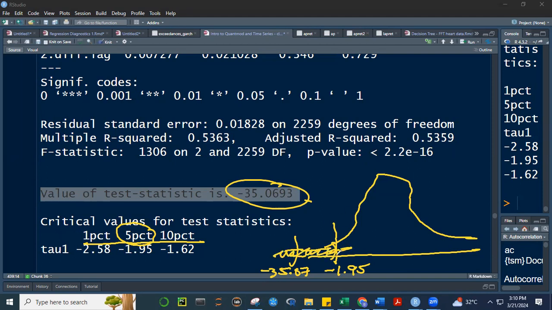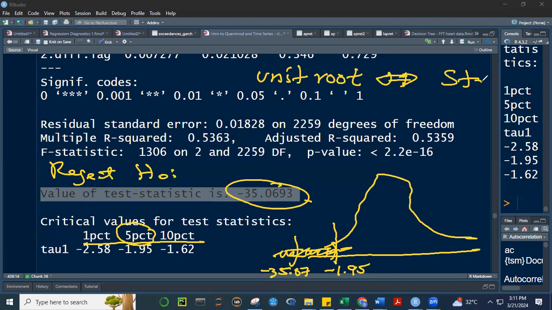Recall, class, this is the rejection region. Therefore, if our t-stat lies here, then we reject the null hypothesis that our time series LAppleRet has a unit root. So this is what it's testing, unit root. A unit root is one of the tests for stationarity.